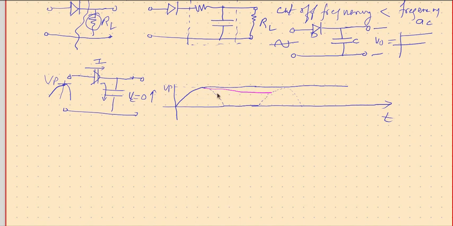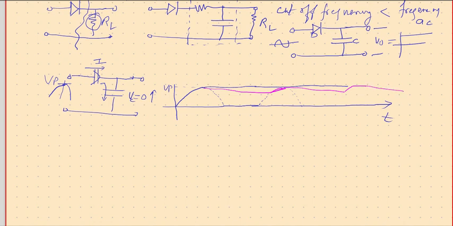So in this half cycle, instead of remaining constant, it varies slowly, and in the next cycle this gets compensated and the capacitor gets charged again. Whatever charge it has lost during this half cycle gets added back in a small part of the positive cycle, and then again it continues to leak.